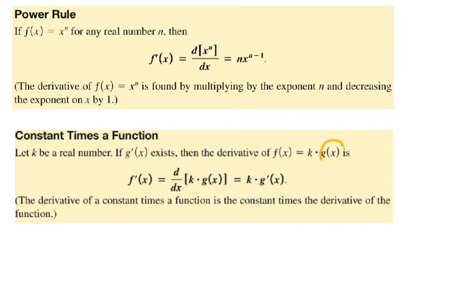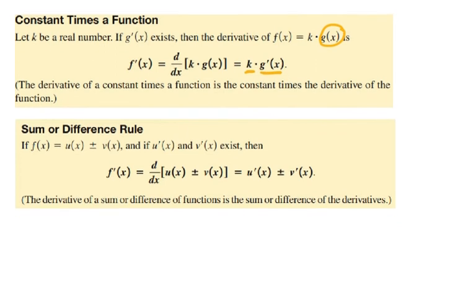So essentially, when the function has a constant in front, just take the derivative of the function and leave the constant in front. Or rather, the derivative of a constant times a function is the constant times the derivative of the function. We have one more rule that we're going to add here.